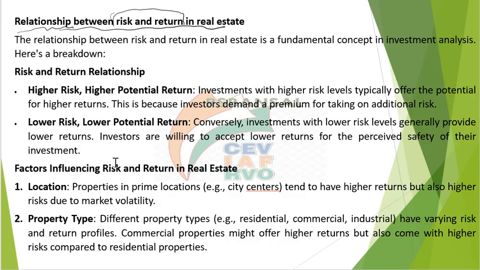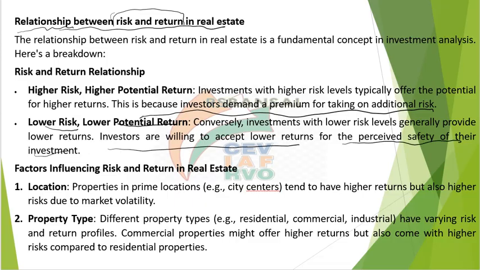Because investors demand a premium for taking additional risk. Conversely, investments with low risk levels generally provide lower returns, because investors are willing to accept low returns for the perceived safety of their investments.